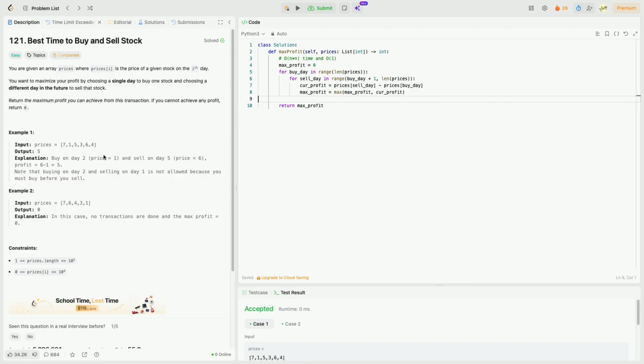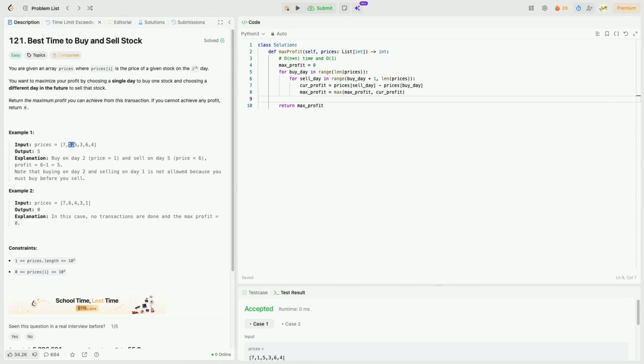If we have an array, we could simply say, whenever we find a smaller number, we're making a loss. So if we go from 7 to 4, we're making a loss. It doesn't make sense to have bought anything on the day when the price was 7. We might as well have bought on the day where the price was 1.